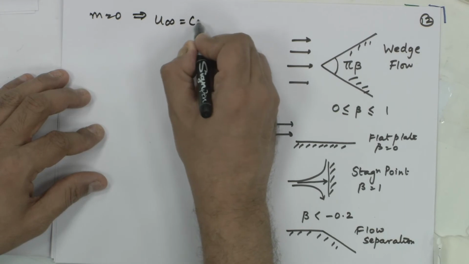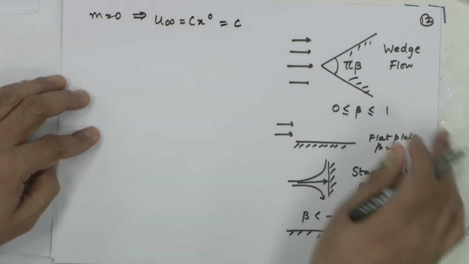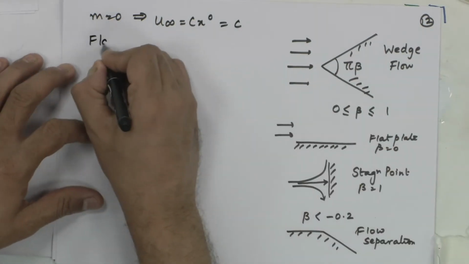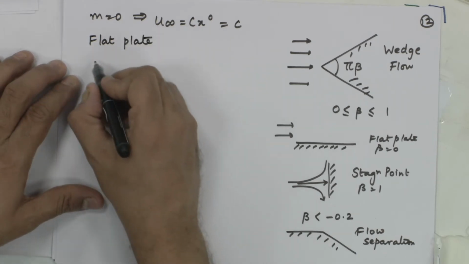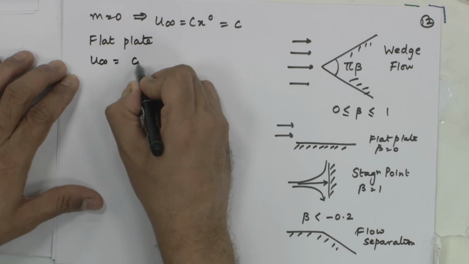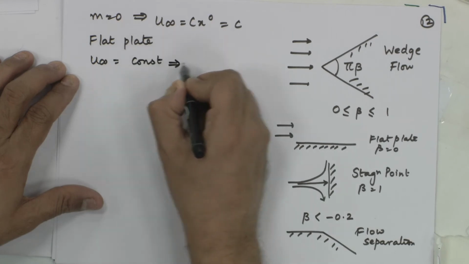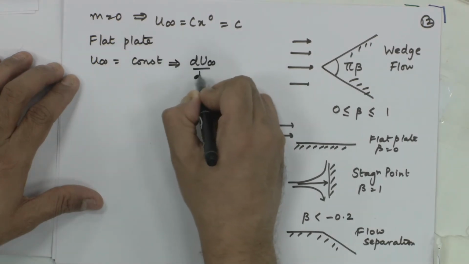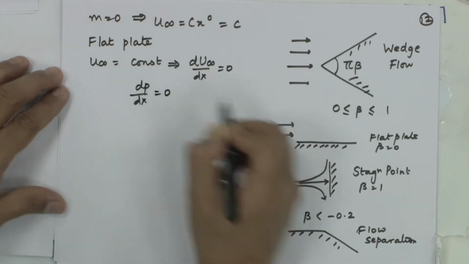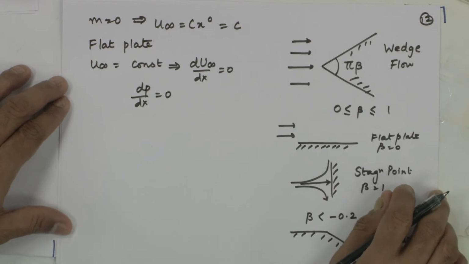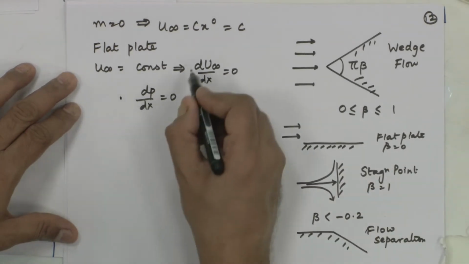So, m equal to 0 implies u infinity is Cx to the power 0, which is constant. This represents the flat plate. U is equal to constant. This means du infinity by dx equal to 0, dp by dx equal to 0. These are all consequences of flow over a flat plate, right.